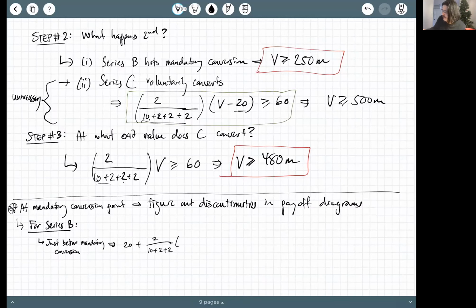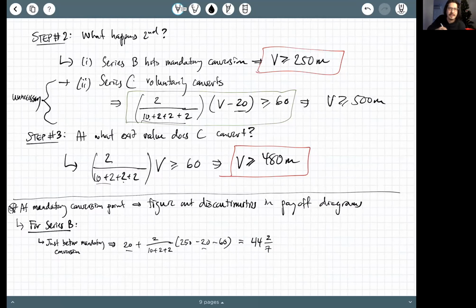Again, just below 250, it would be essentially 250 minus the 20 that they're still getting, minus the 60 that Series C gets. So this is the payoff just before 250 that Series B would receive. So if you do the math here, you get a number equal to 44 and 2/7.